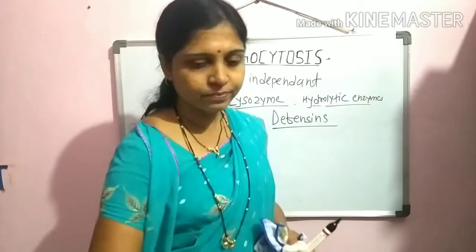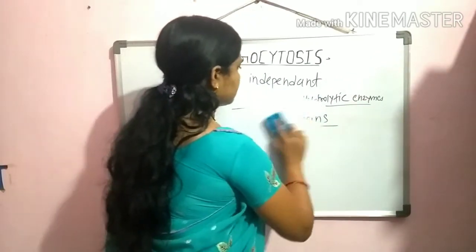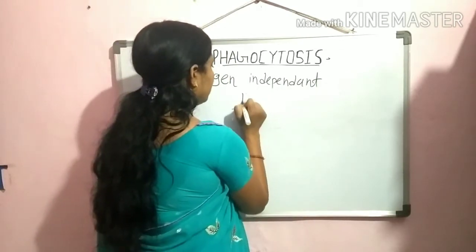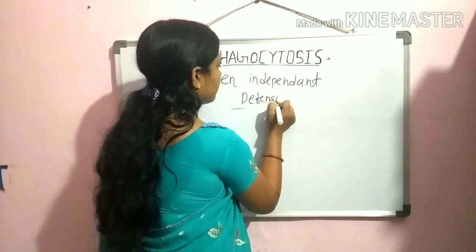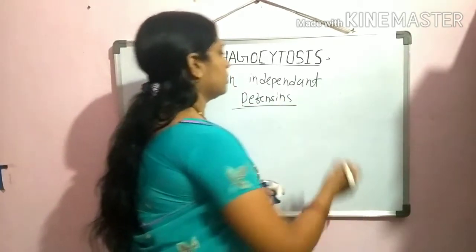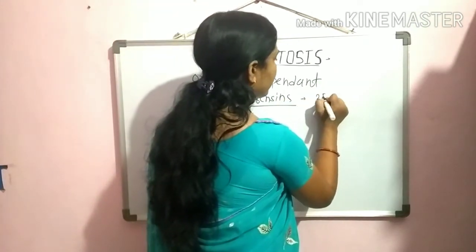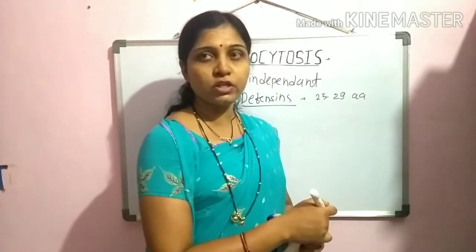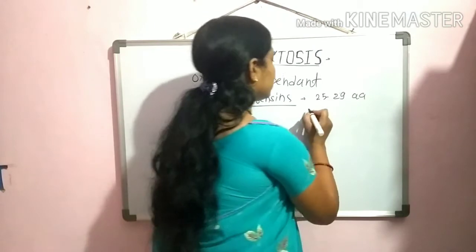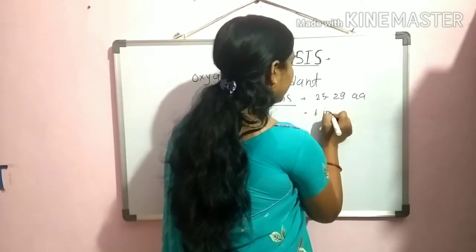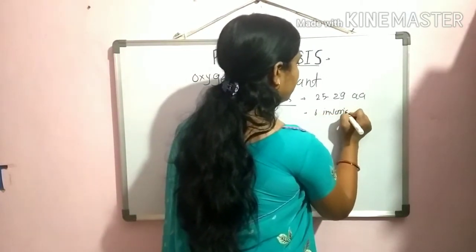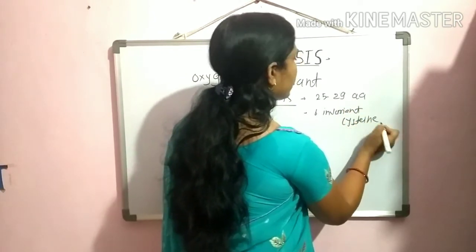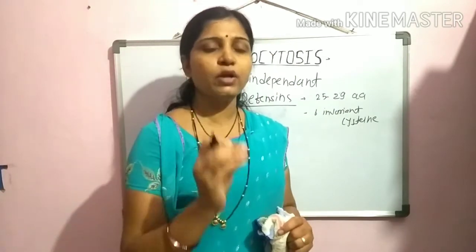Now these defensins contain 25 to 29 amino acids in length, and preferentially they contain 6 invariant cysteine residues, that is, cysteine amino acids.